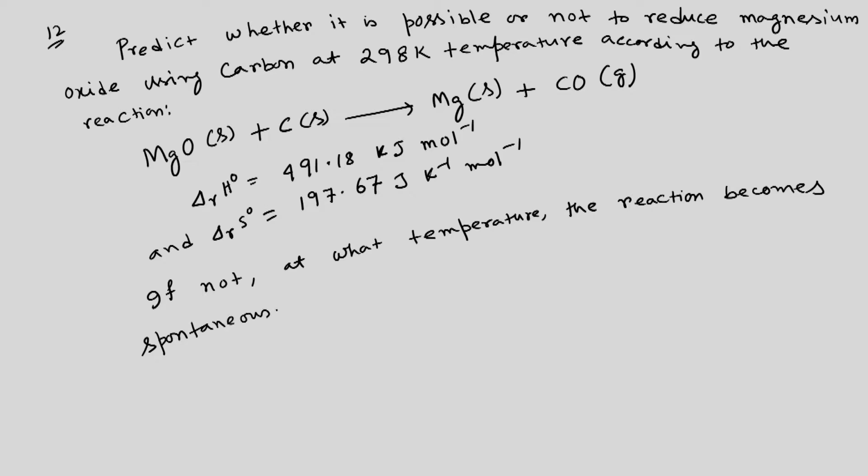So, problem number 12 states: predict whether it is possible or not to reduce magnesium oxide using carbon at 298 Kelvin temperature according to the reaction MgO solid plus carbon solid gives Mg solid plus carbon monoxide gas, and delta H naught is 491.18 kilojoule per mole and delta S naught is 197.67 joule per Kelvin per mole.